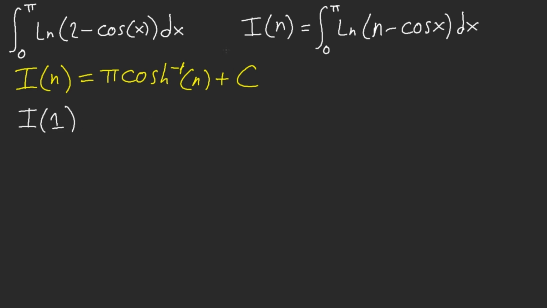Okay, that's it. And this is where we have ln of 1 minus cosine of x. And then here we have to do some trig identities. So 1 minus cosine of x, this is what? 2 sine squared of x over 2, right?